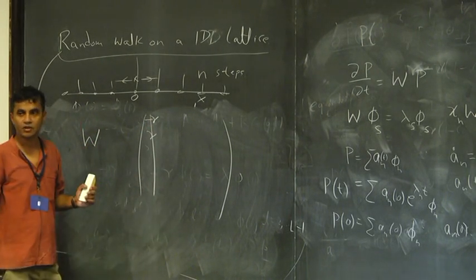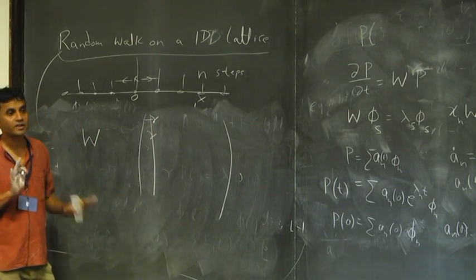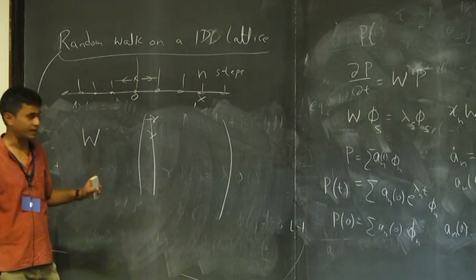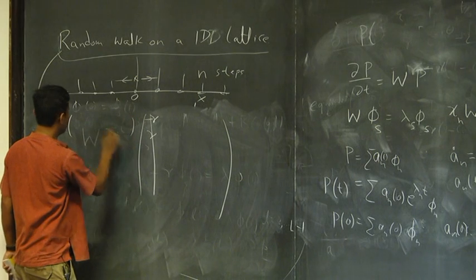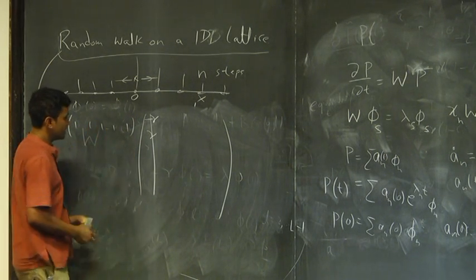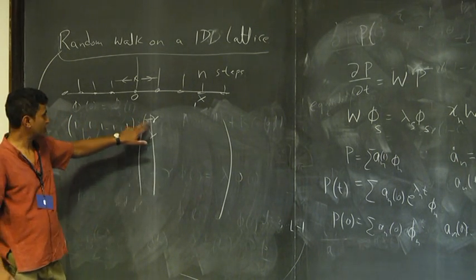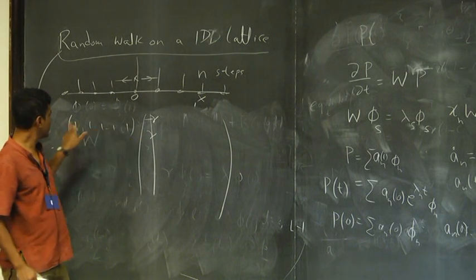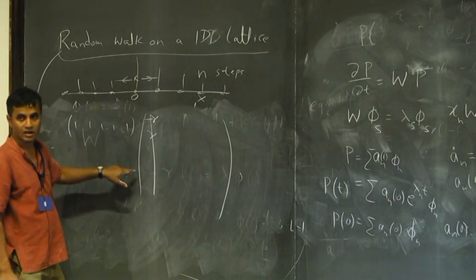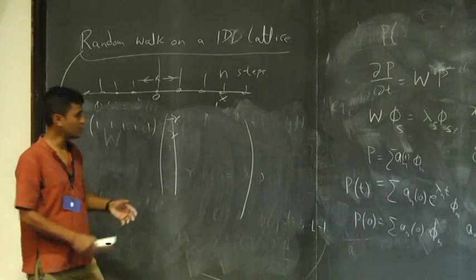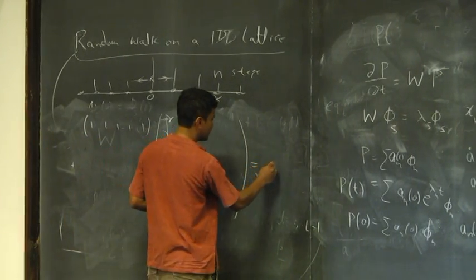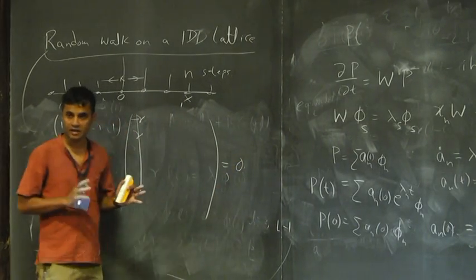So the sum of this is always 0, and that's always true for any rate matrix. One consequence is that if you write a vector like 1 1 1 1 1, that's always an eigenvector, because if you do this product, it's just the sum of these elements, and if they are all 1, that is always 0. So you always have a left eigenvector with 0 eigenvalue.